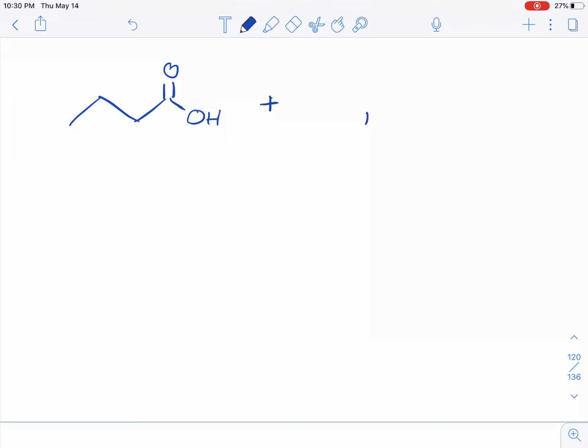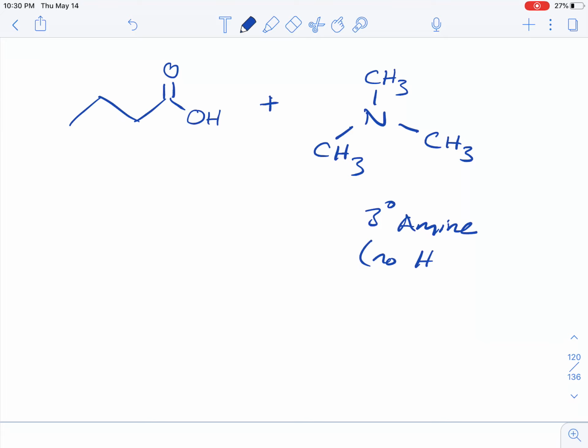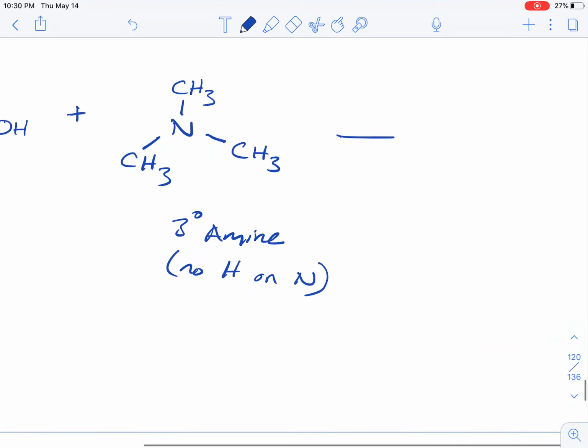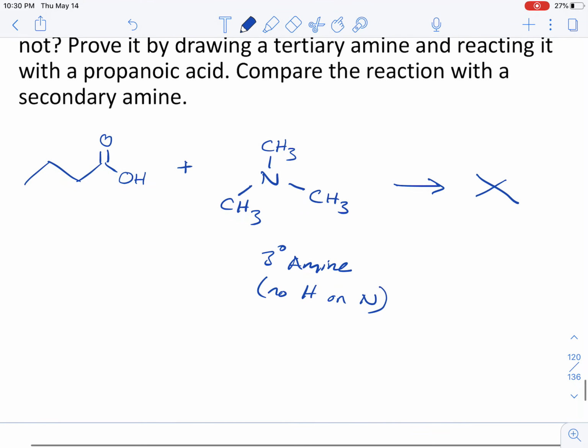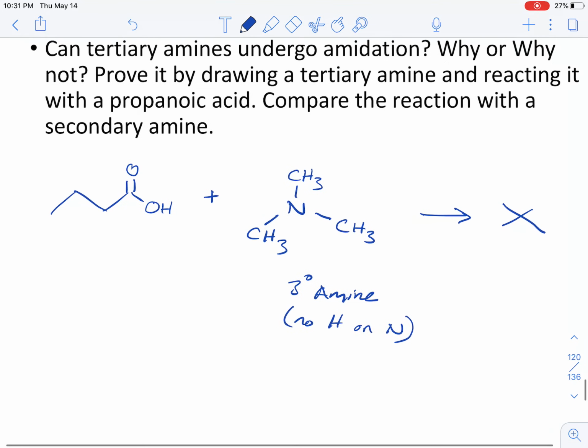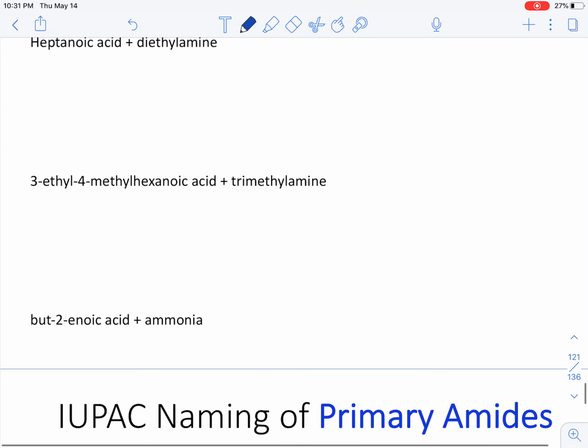If you have a tertiary amine, this tertiary amine has no hydrogens on the nitrogen, and therefore it cannot undergo a dehydration reaction in the presence of heat. It'll stay as is.